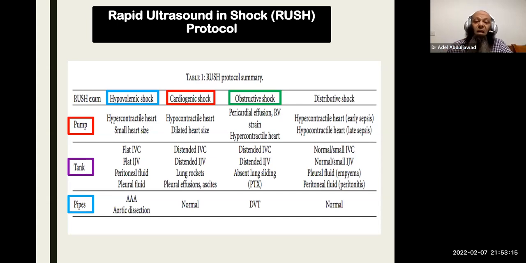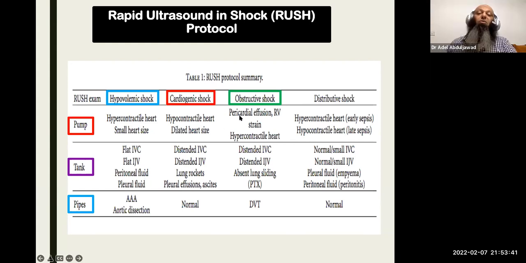And here you are assessing the pump, and this gives you an idea that it's a type of obstructive shock. If you move to the tank, you will have the IVC distended, and if you move to the lung and you found that there is absent lung sliding, you are assessing pneumothorax, absent or present, as a cause of obstructive shock.